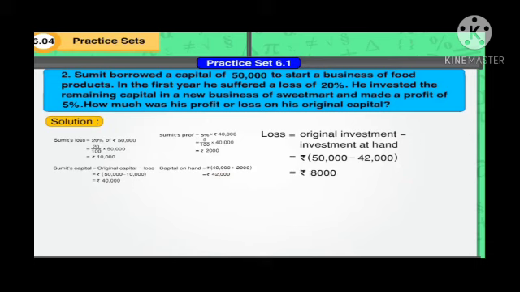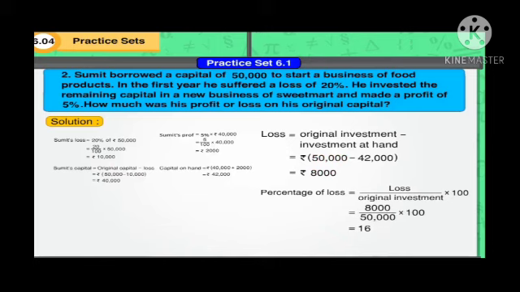Now loss percentage. So percentage of loss is equal to loss upon original investment into 100. So loss is 8,000, original investment is 50,000, into 100, that is 16%.